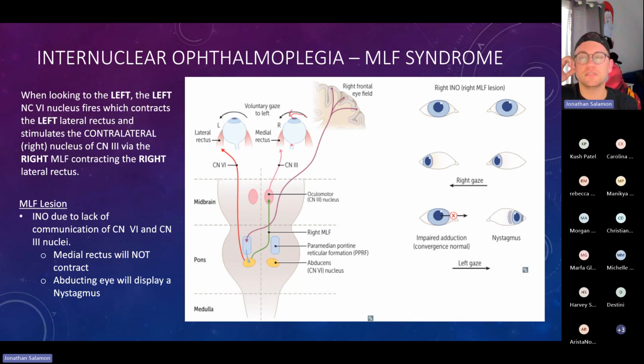So an interesting thing to think about is when I tell my brain I want to move my eyes to the left, what I'm actually doing is telling my left eye to move to the left, and then my left eye is basically saying to the right eye, oh, hey man, we're going this way. So this is what causes the palsies and the MLF syndrome, which we'll come back to.